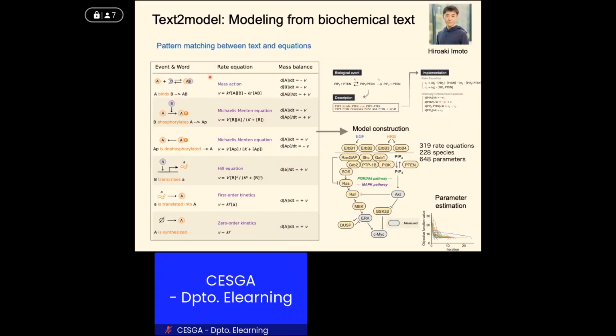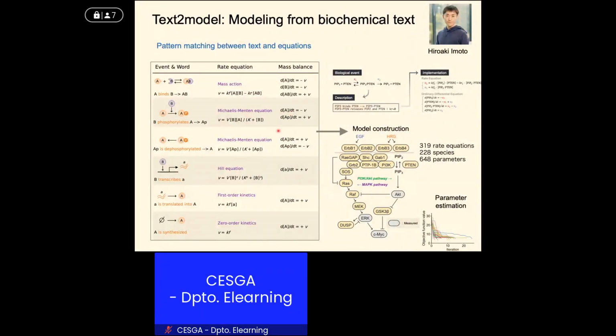At this stage, this is not natural language processing, but he used pattern matching. For example, if we write that A binds to B, then it automatically generates this kind of mass action reaction. Another is, if B phosphorylates A, then it's a Michaelis-Menten reaction.